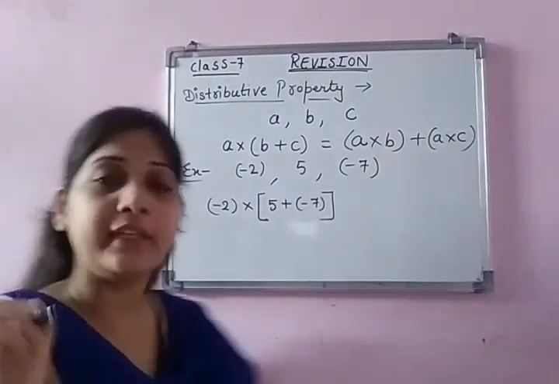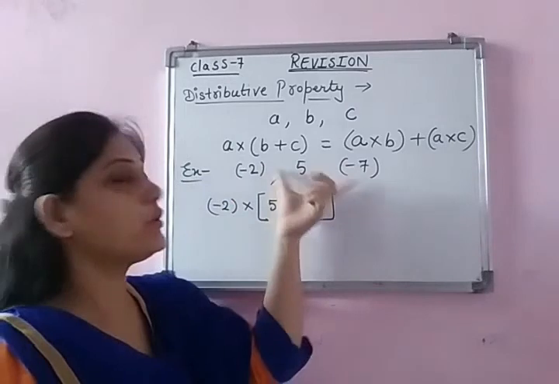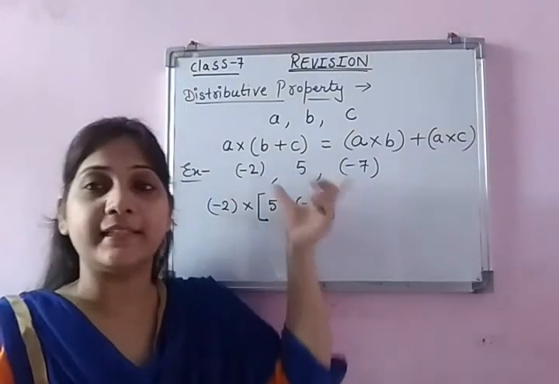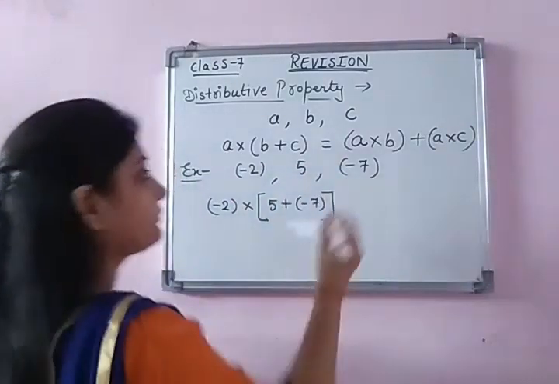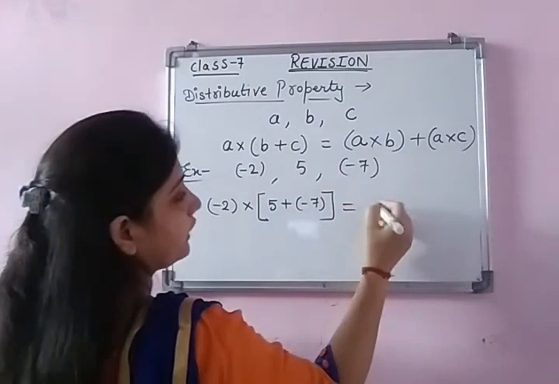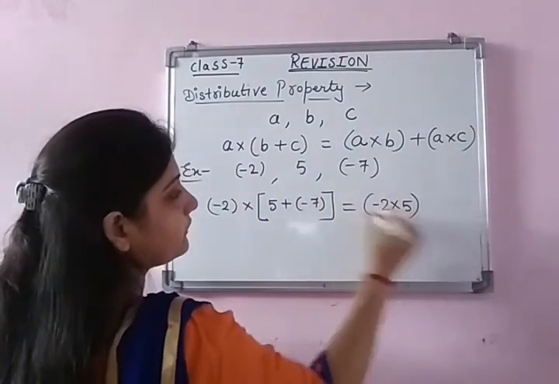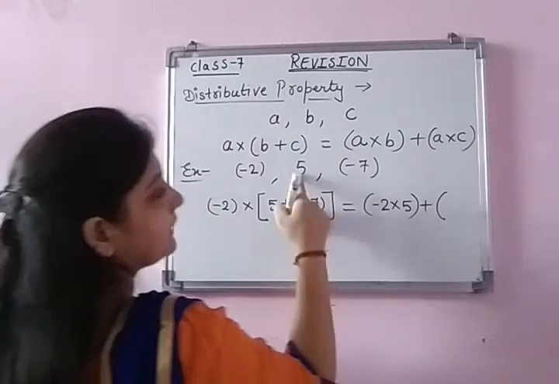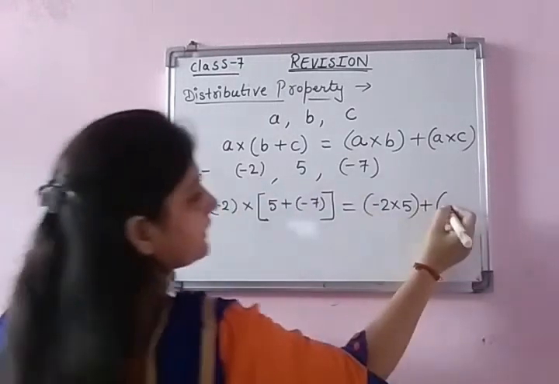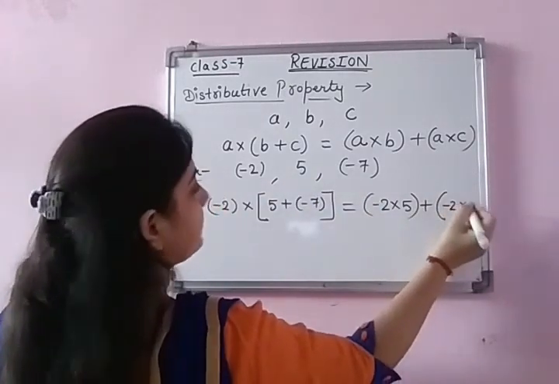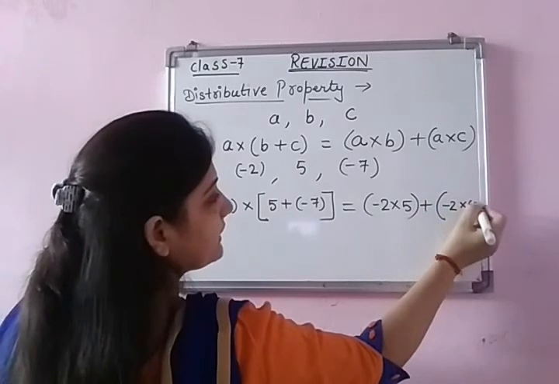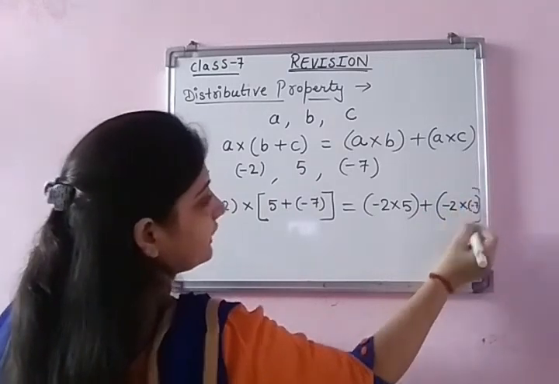Here we are verifying whether the distributive property is true for these integers or not. So this equals a multiplied by b, so -2 into 5, plus a multiplied by c, so the value of a is -2 and multiplied with c, that is -7. Is that clear?